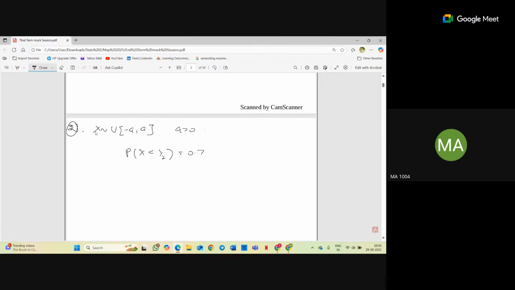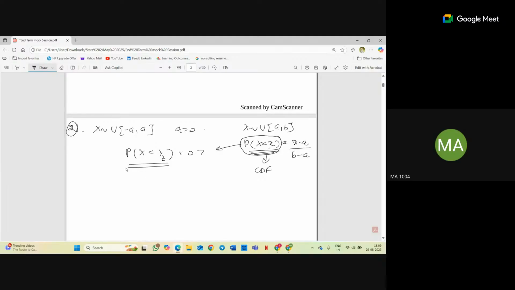If you remember, if X follows a uniform distribution on the interval A comma B, then the PDF is 1 by B minus A, and the probability of X less than x is the CDF, x minus A by B minus A. Comparing this with that equation, in place of x I have 1 by 2.